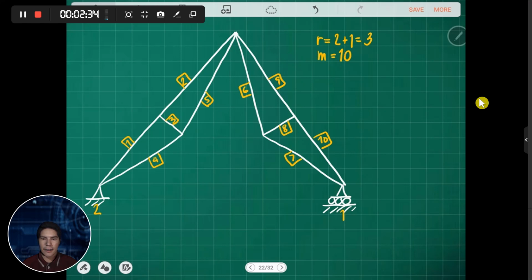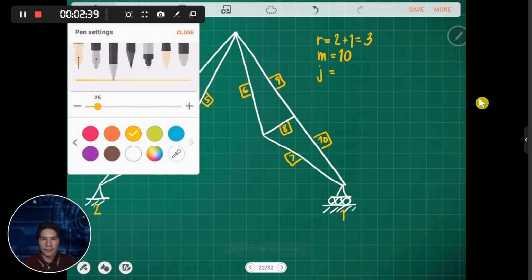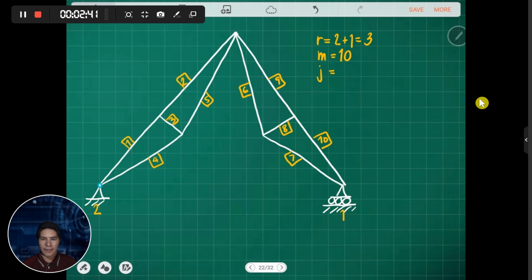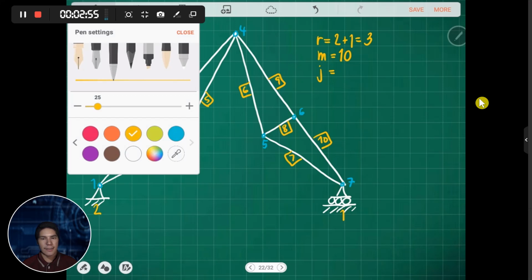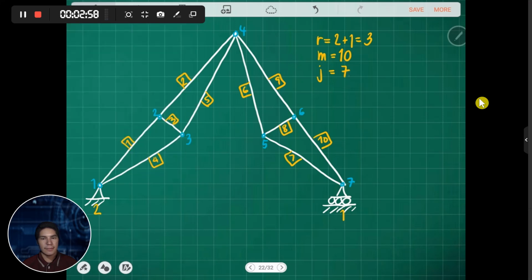So we have 10 members. And then for the joints, we count. So we have 1, 2, 3, 4, 5, 6, and 7. So we have 7 joints. And then for the number of conditional equations, we have 0, since there are no internal hinge or internal roller.